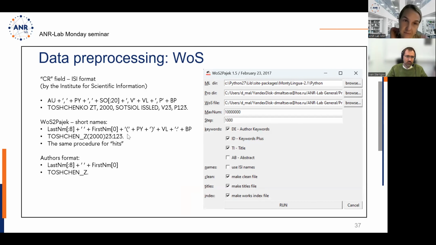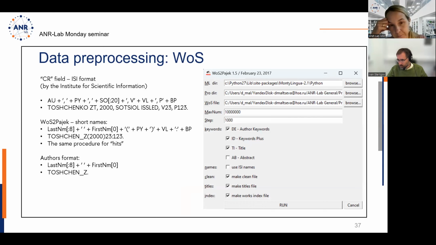Then on the level of data preprocessing, talking about Web of Science, we used the approach which I already introduced, and this approach deals with the program WOS to Pipe.